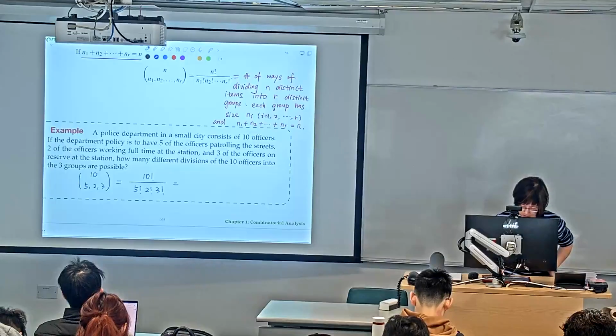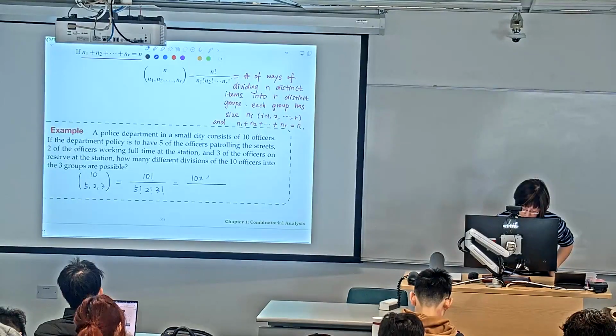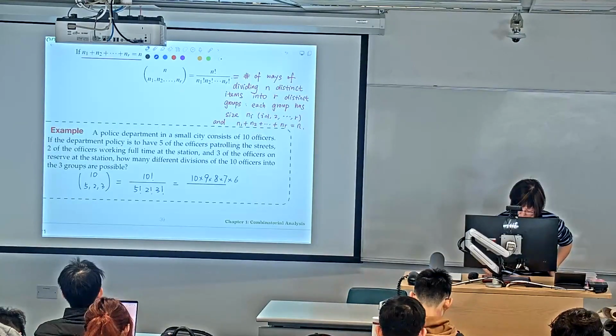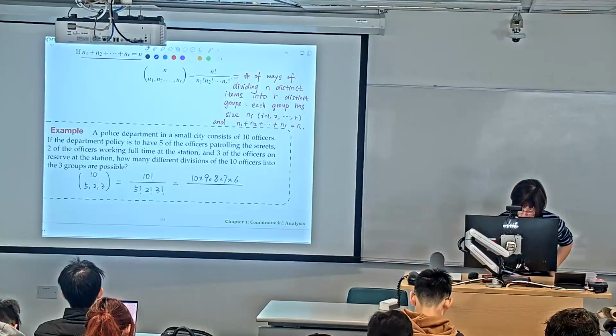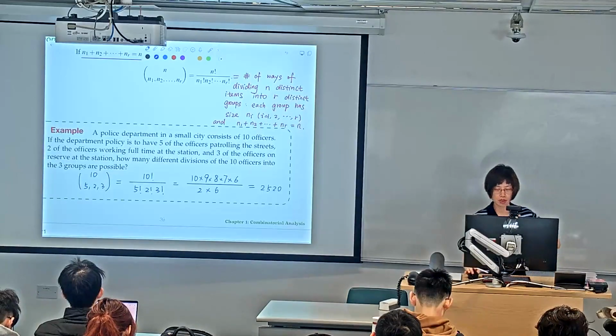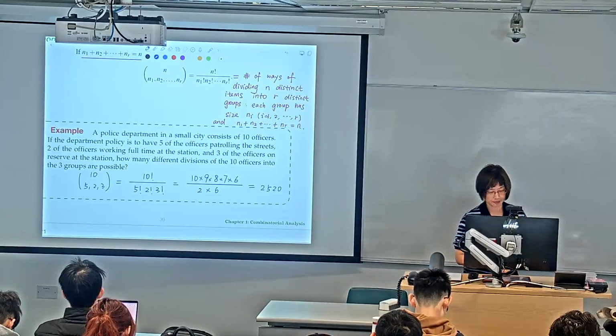Then you can cancel the 5 factorial. On the top, you just multiply 10 down to 6, then divide by 2 times 6. So this is not a difficult number. You get 2,520.